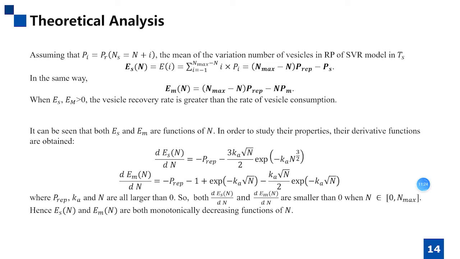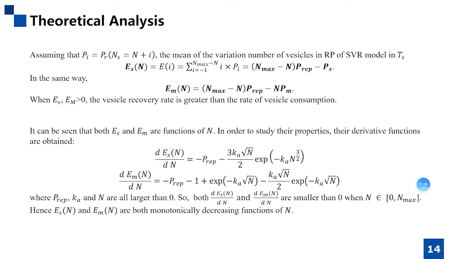Its meaning is very clear. When Ei is larger than 0, the vesicle recovery rate is greater than the rate of vesicle consumption, theoretically. In the same way, we obtain the expression of Em.